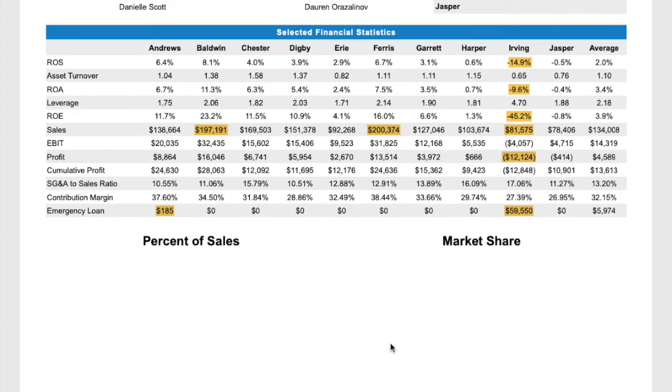So if you run into an emergency loan in the future, I hope you all examine your cash flow statement, which I'm going to cover later, to see the flow of money in and out. For example, how much you spend on your inventory, and other aspects, to better cut down unnecessary cost and generate more cash to recover from the emergency loan.